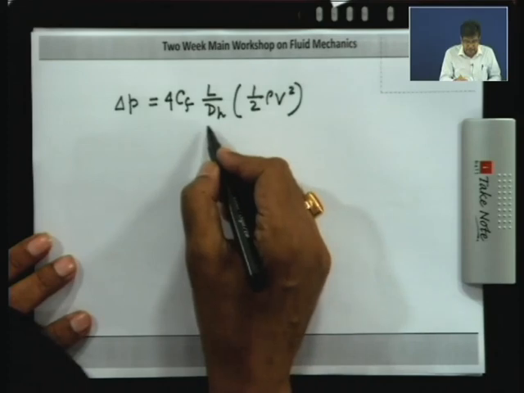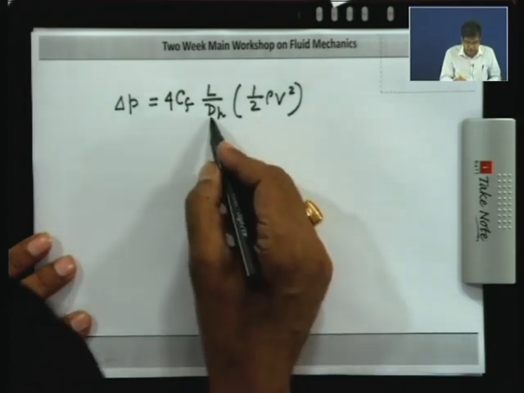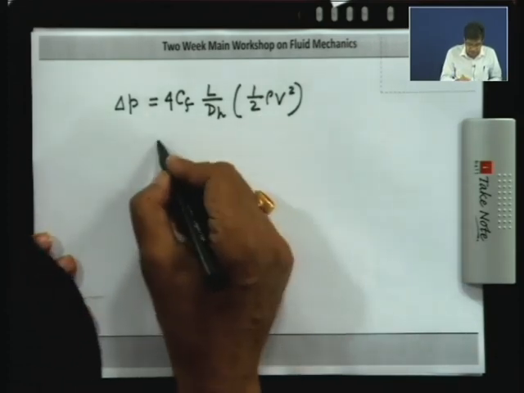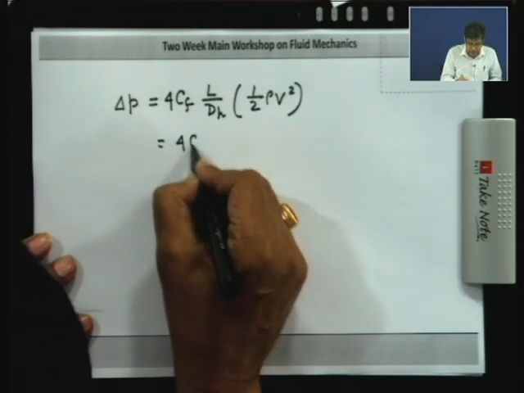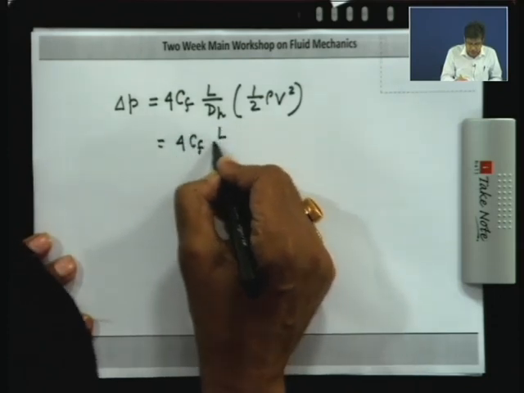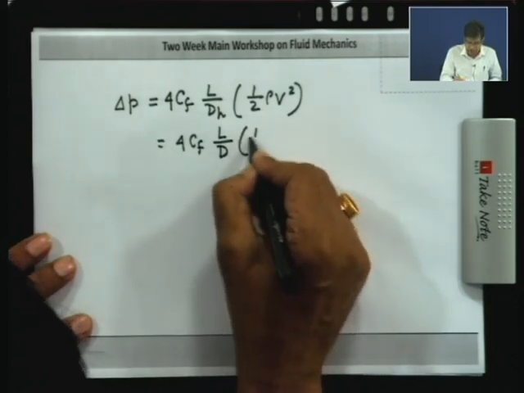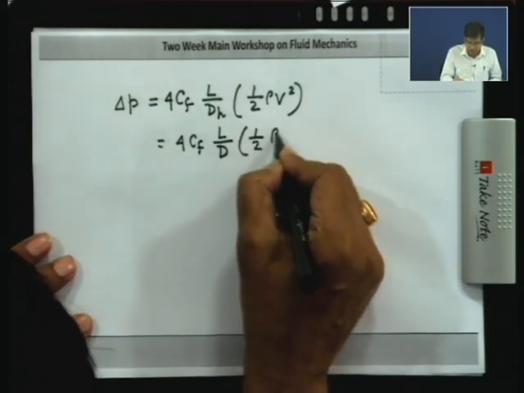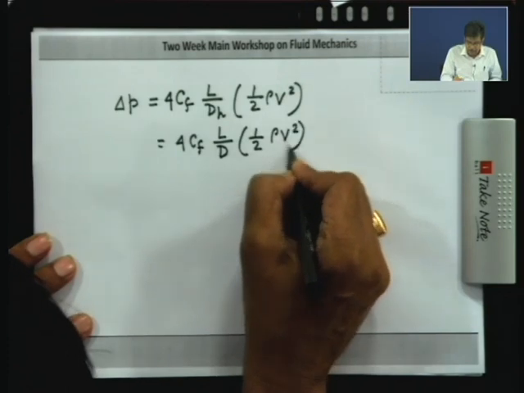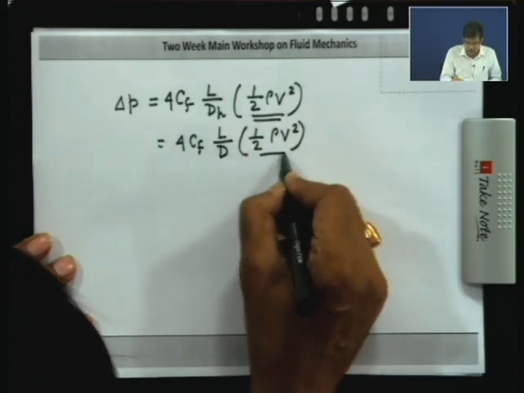This dH is now represented by d in the case of a circular pipe, where the hydraulic diameter is 4 times the cross-sectional area divided by the perimeter. This half rho v square is known as the dynamic head.